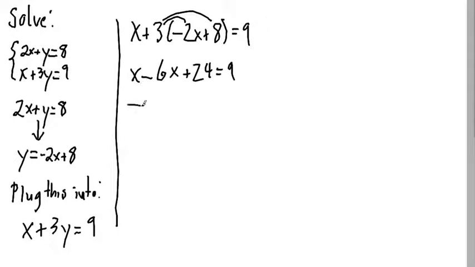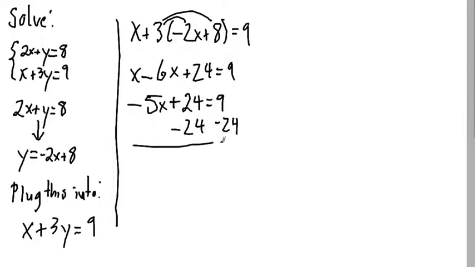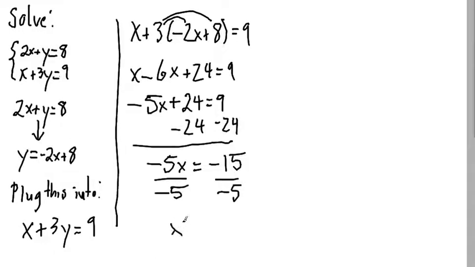We combine like terms. x minus 6x is negative 5x, plus 24 is equal to 9. Now I subtract 24 from both sides, so that I have x alone on one side and all the numbers on the other side, and that leaves me with negative 5x is equal to negative 15, and I divide both sides by negative 5, which gives me, as before, x is equal to 3.